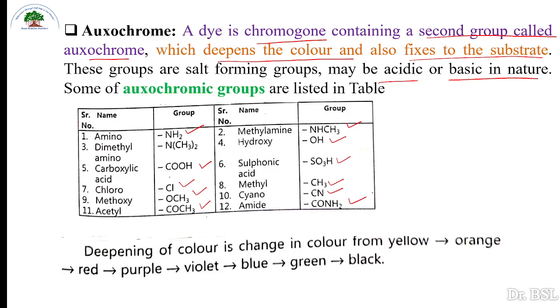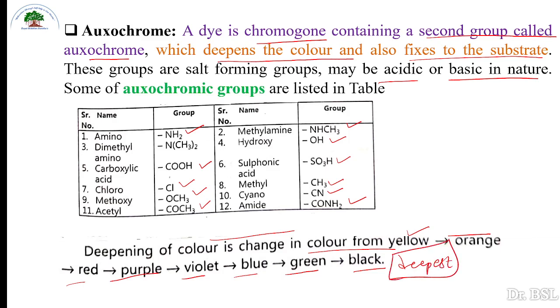These are some of the important oxochromic groups which deepen the color and also fix that color to the substrate. And deepening of the color is change in color from yellow to orange to red to purple to violet to blue to green to black. And the deepest color is black color.